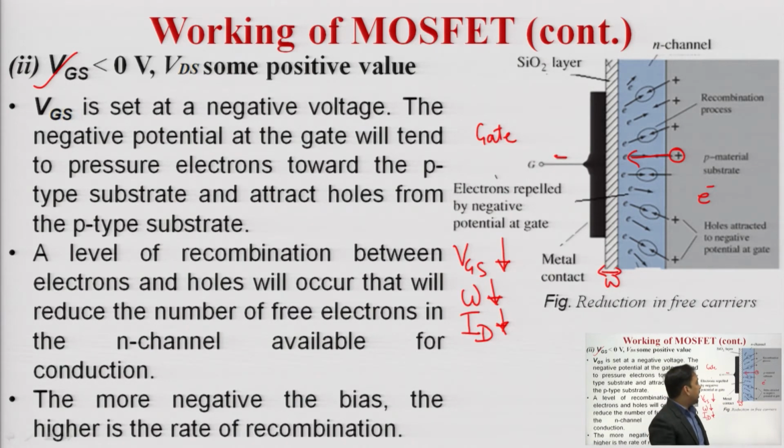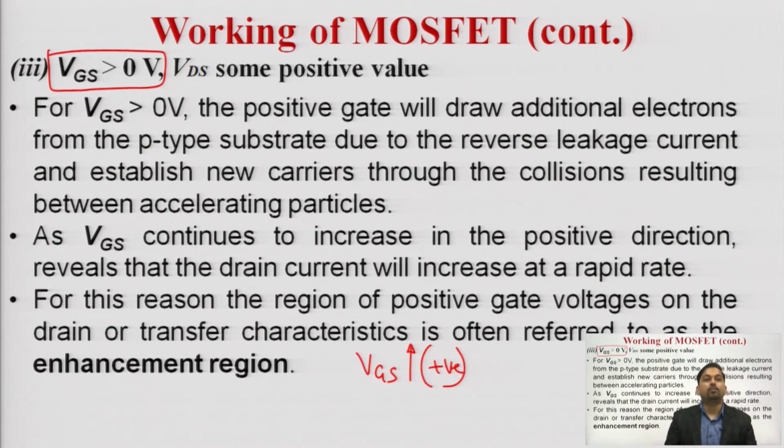These electrons strengthen the channel, meaning the effective width of the channel increases due to more electrons accumulated near the channel.